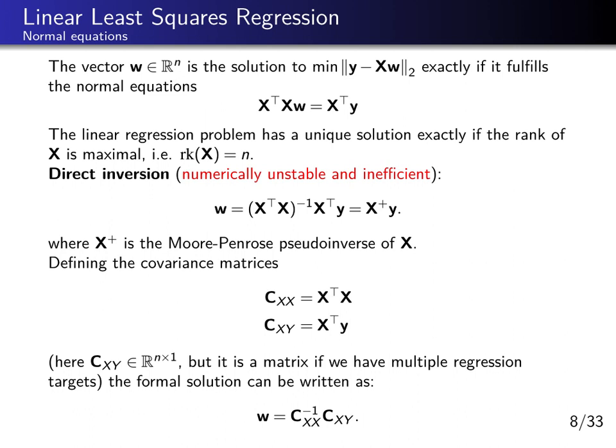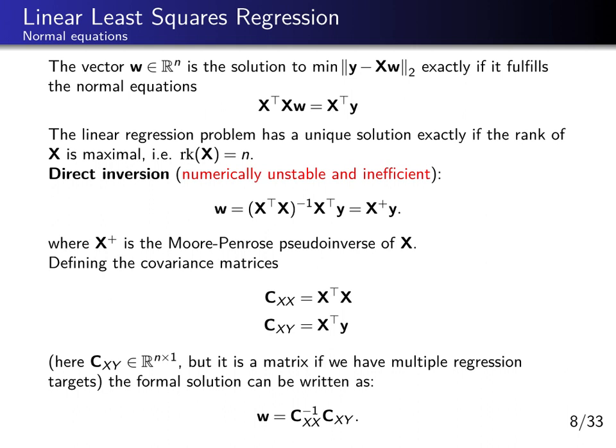And the interesting thing here is really the mathematical structure. So X transpose X is a covariance matrix, and X transpose y is also a covariance matrix. In this case, a vector, because we only look at one-dimensional regression or regression to one target. But if we do multi-target regression, this would also be a matrix with multiple columns.